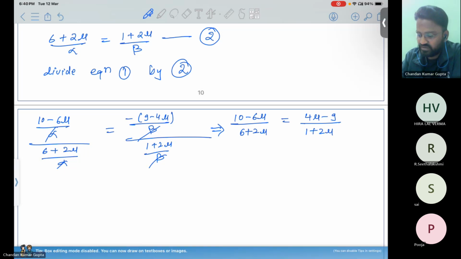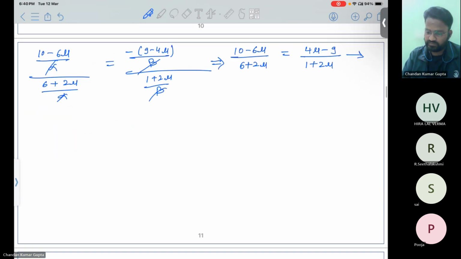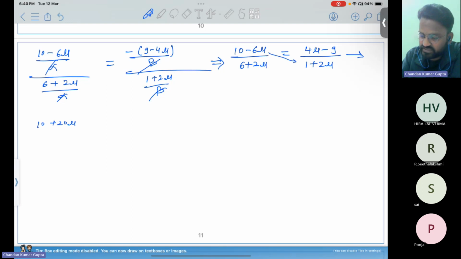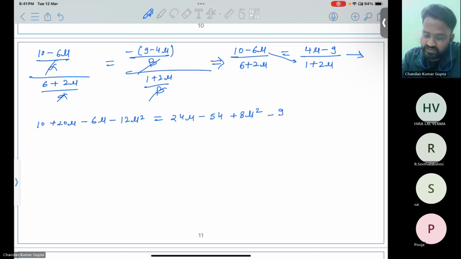Then we need to solve this. We just multiply: 10 plus 20 mu minus 6 mu and minus 12 mu square equals 24 mu minus 54 plus 8 mu square and minus 18 mu.